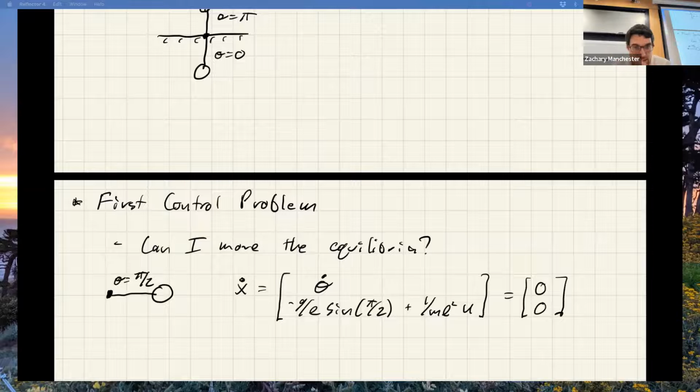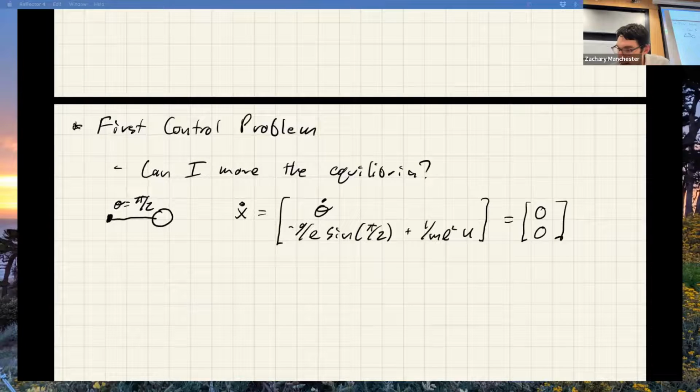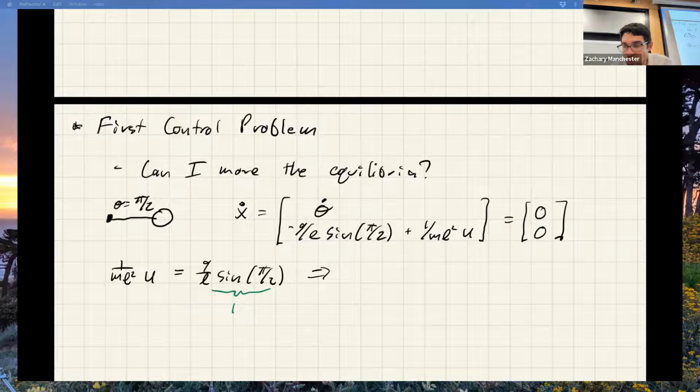The first one's easy, so let's look at the bottom line. That gives us u/(ml²) equals g/L sine pi/2. Sine pi/2 is just 1. So this says u equals mgl.